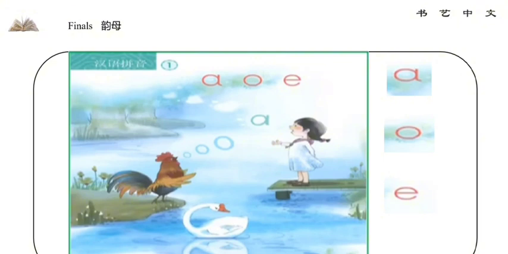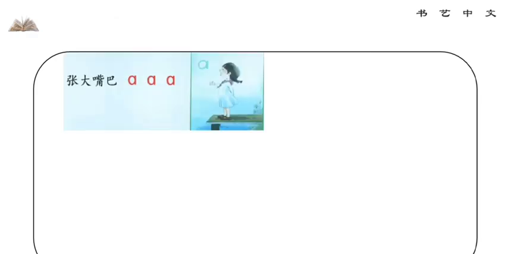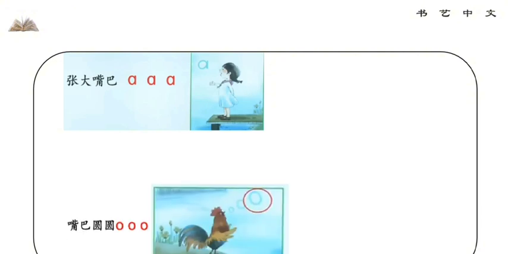We can see that they look like the letters in English, A, O, and E. But when it comes to pinyin, they have different pronunciations. Read after me. Ah. When you pronounce this syllable, you should open your mouth as wide as you can. Next one. Read after me.